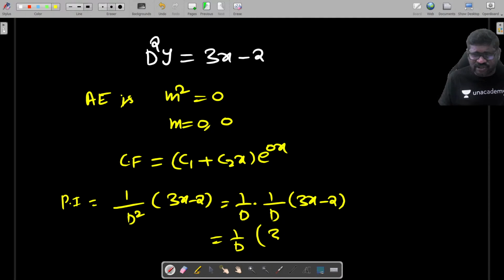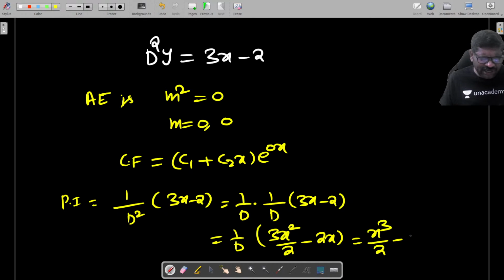Integral of 3x minus 2 is 3 into x square by 2 minus 2x. Again integration: 3 into x cube by 3, so x cube by 2 minus 2 into x square by 2, so x cube by 2 minus x square.